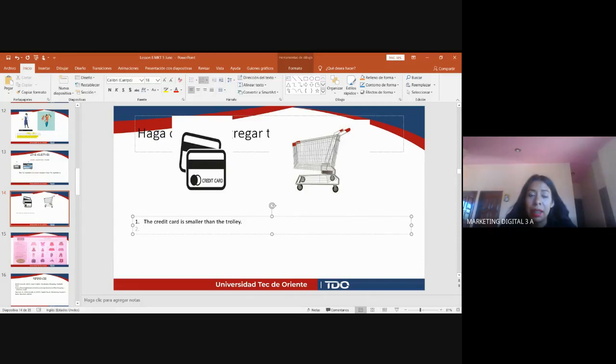So what is the comparison between those two objects? Joshua, what is the comparación? Credit card, yes, okay. Credit card is more expensive than the trolley.